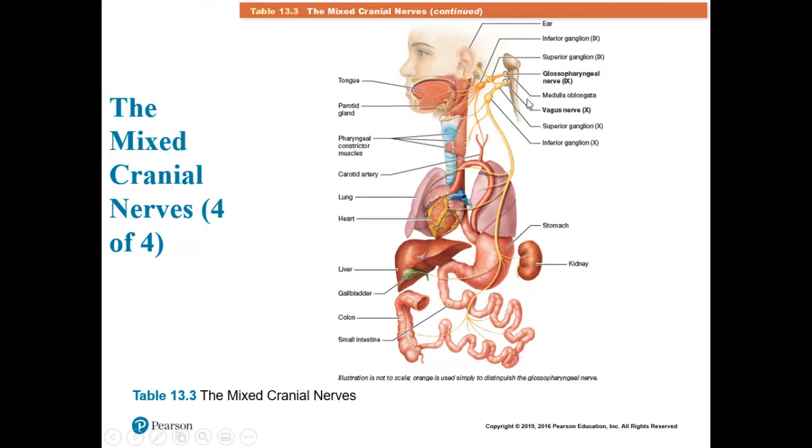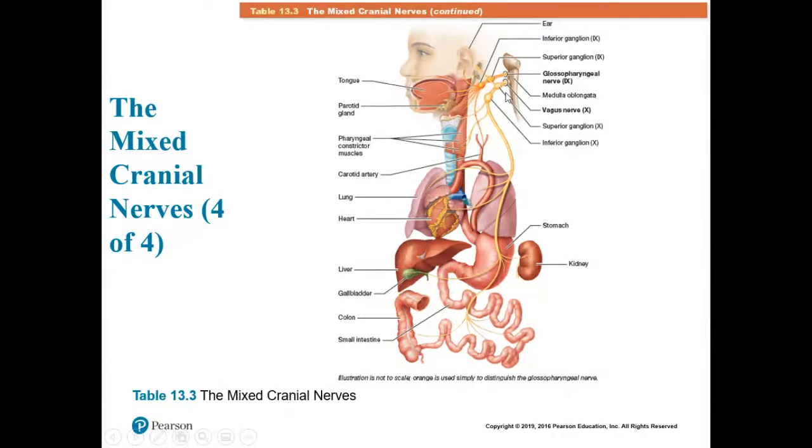So it's going to play a role in controlling muscles of the tongue, but a sensory aspect as well, and then as well as the pharynx, right? So all of the muscles of the pharynx that control the movement of the pharynx as you breathe in, as you breathe out, or as you pass food from the oral cavity into the stomach. So that's glossopharyngeal.